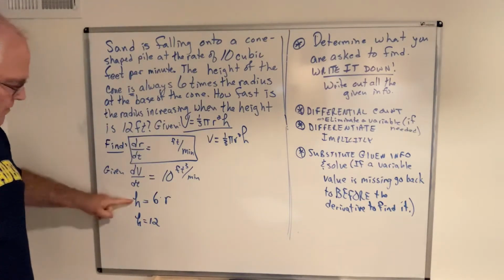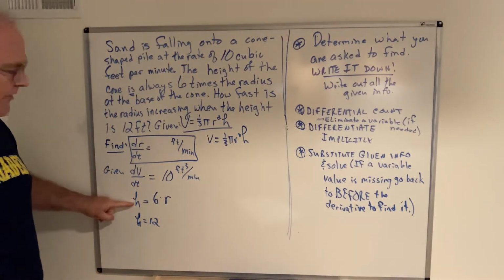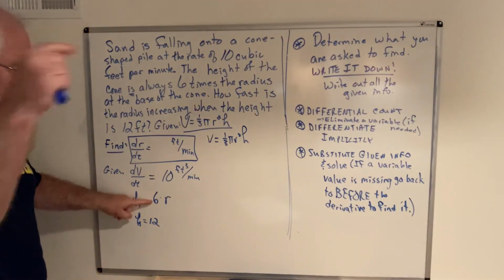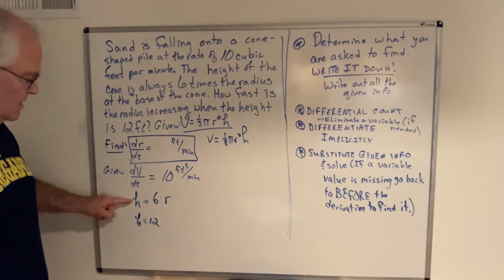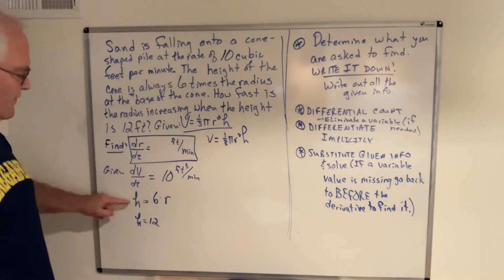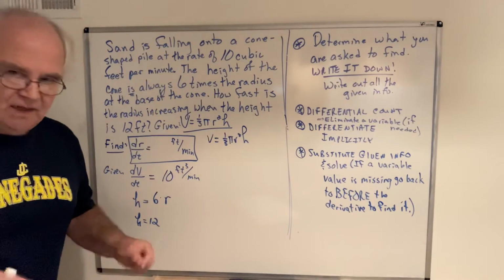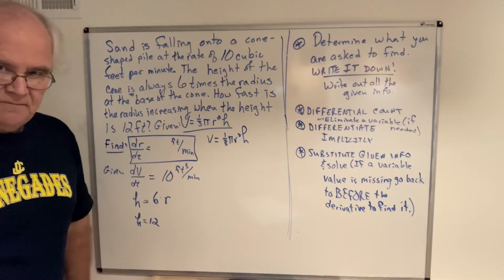And it is right here. We may take h out of the problem. In its place, substitute 6r. Notice we're not substituting in the constant values. It is a variable value. This is the reason this had to be given, because we need to eliminate this variable. If this piece of information or something like it is not given, this problem cannot be done, the end.